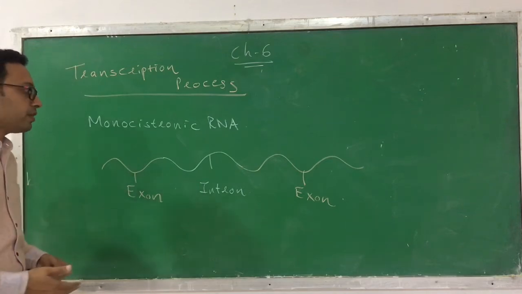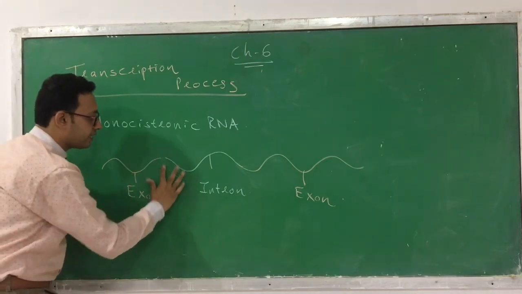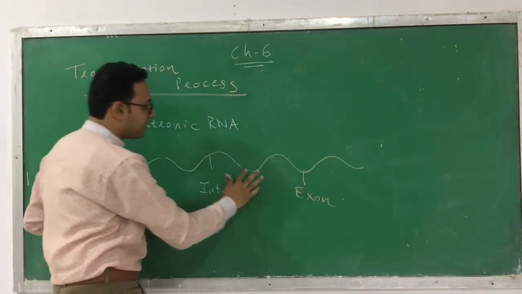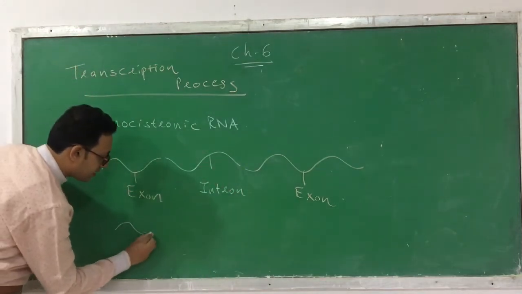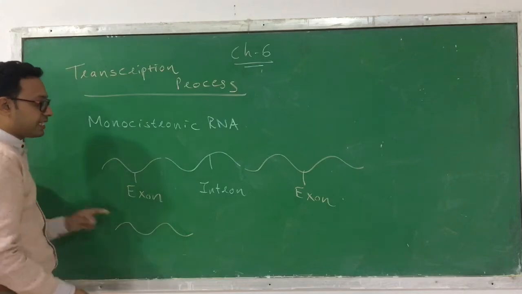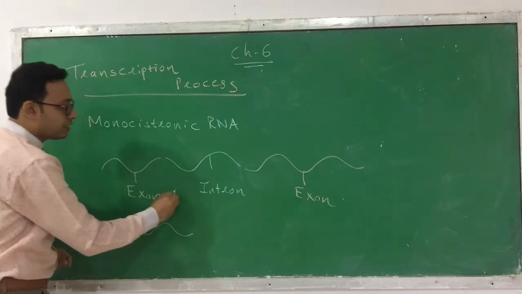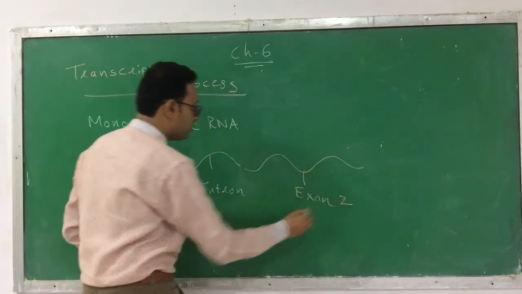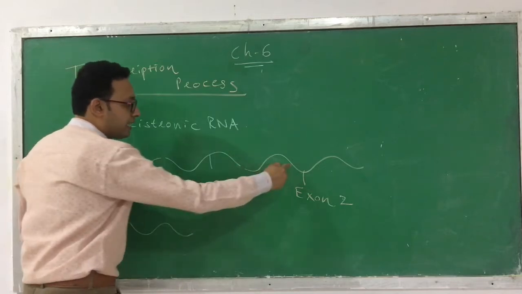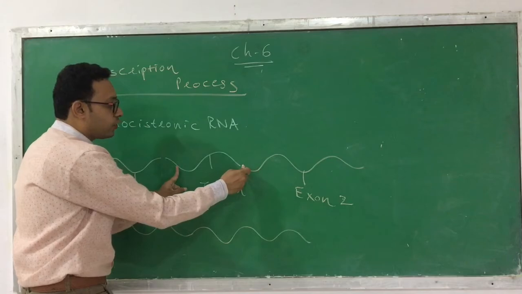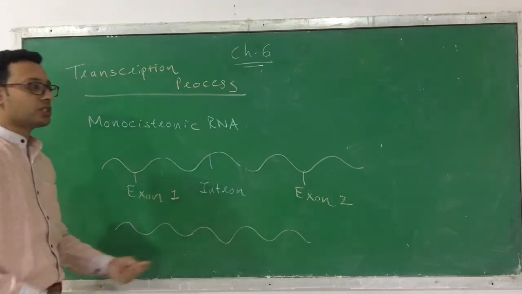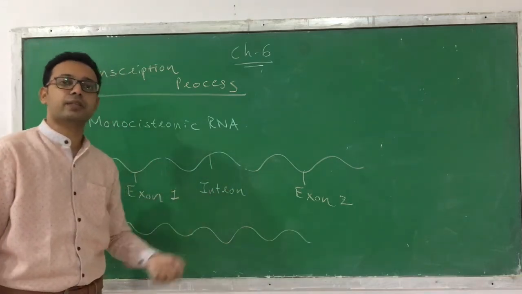So how does it have to be removed? It has to be removed by cutting this. We cut this part. Once we cut, then for easiness I am showing you, this is exon 1, this is exon 2. Now this exon 1 and exon 2 are joined. And this intron is removed because it is not required, it is an intervening sequence.